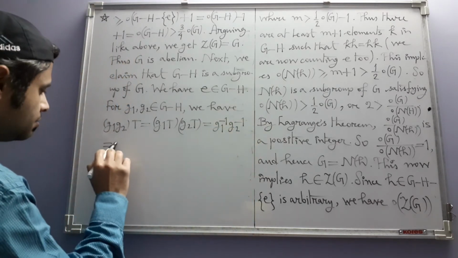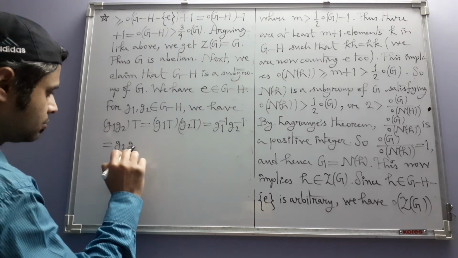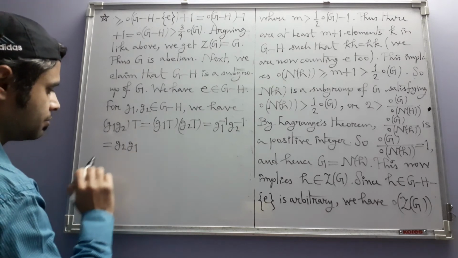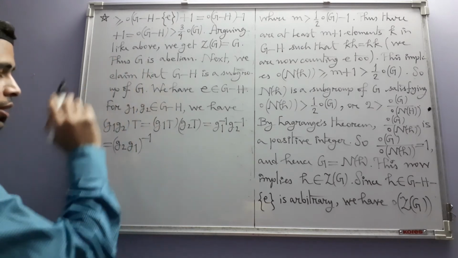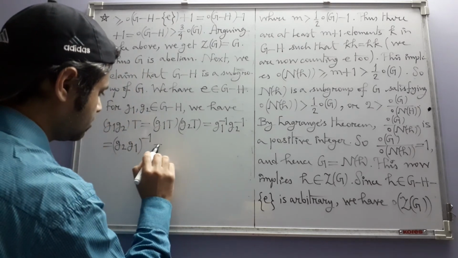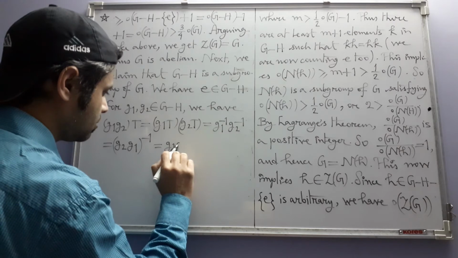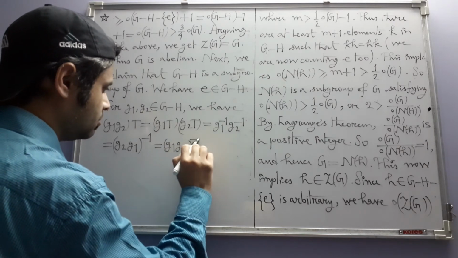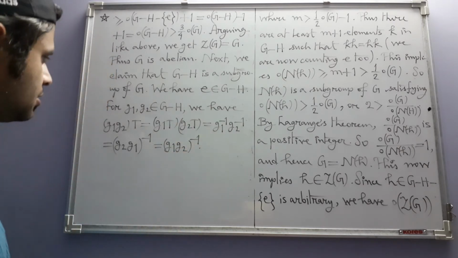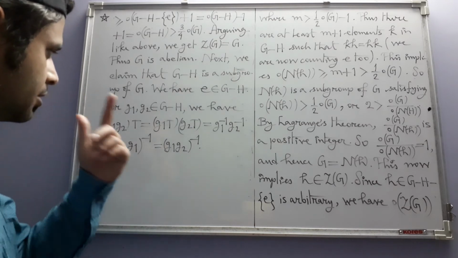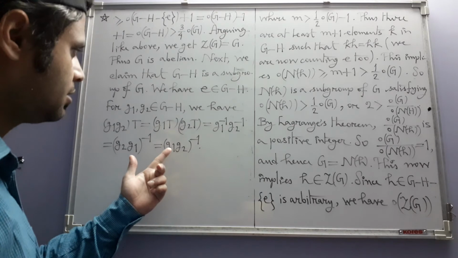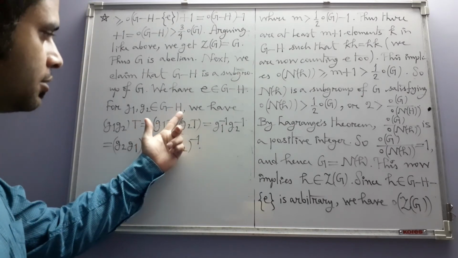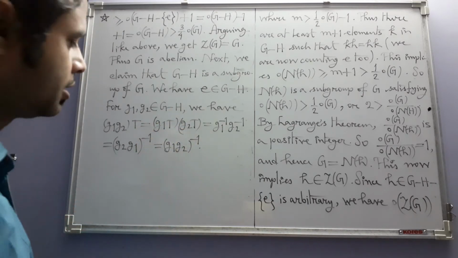Which in the group is G2 G1 inverse, but we have just now proved that the group is abelian, so this is G1 G2 inverse. So we see that G1 G2 is an element in the group which gets mapped by T onto its inverse. So G1 G2 cannot be in H, so that means it must be in G minus H.